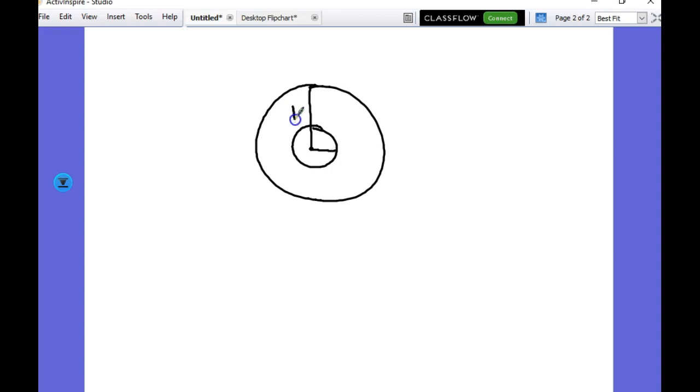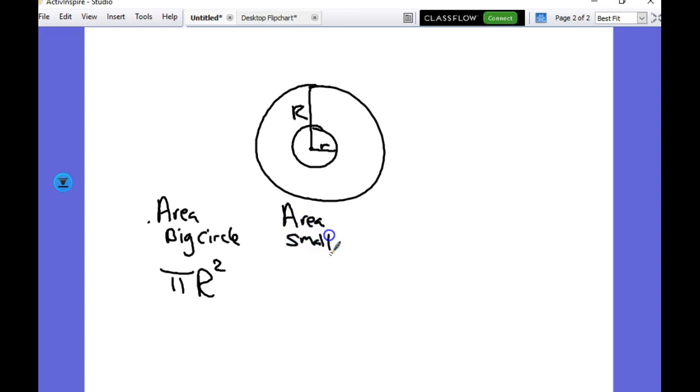We'll call the big one big R. So what we would do is find the area of the big circle, right? So what's the area of the big circle? The area of the big circle is just pi big R squared, right? And the area of the little circle is pi little r squared, and then you subtract.